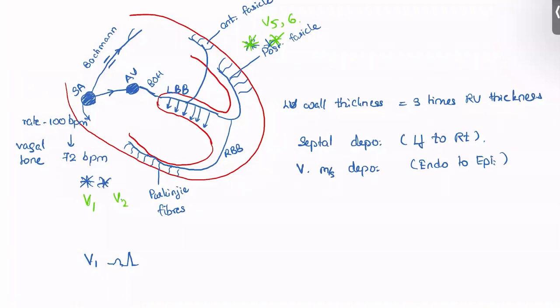Positive deflection means the electricity comes towards the electrode. So in septal depolarization, the electricity comes toward V1 and V2.